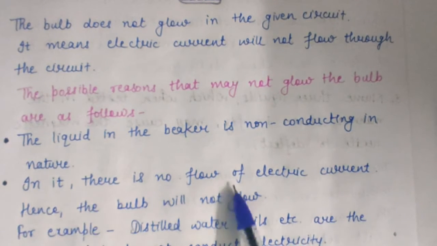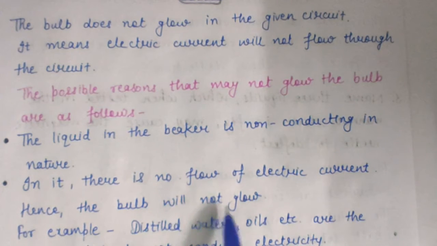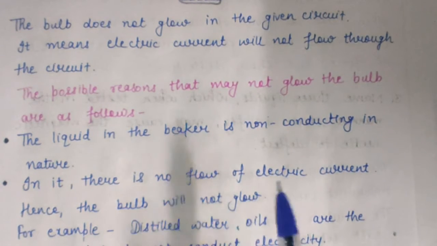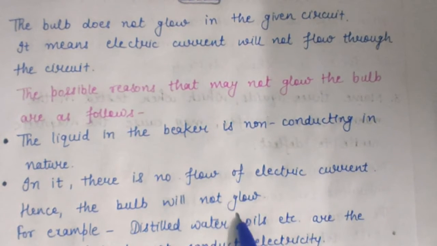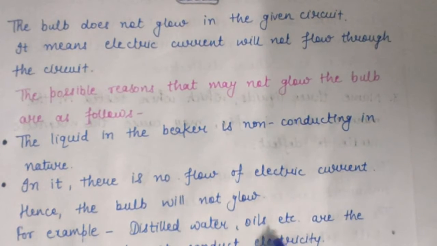There is no flow of electric current, hence the bulb will not glow, because maybe we are taking a non-conductive solution. That solution can be distilled water, oils, etc., which are liquids that do not conduct electricity.